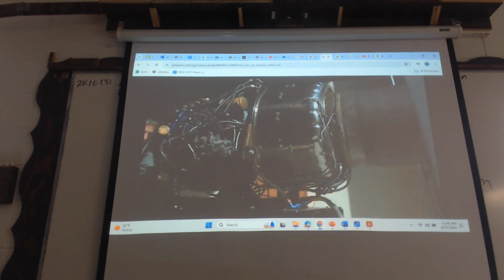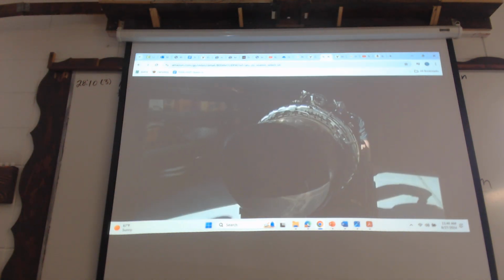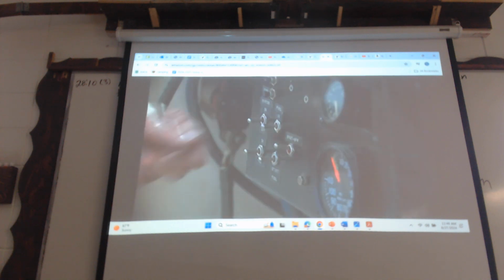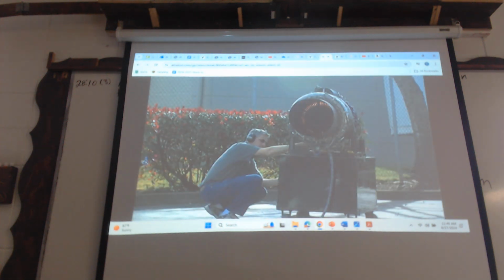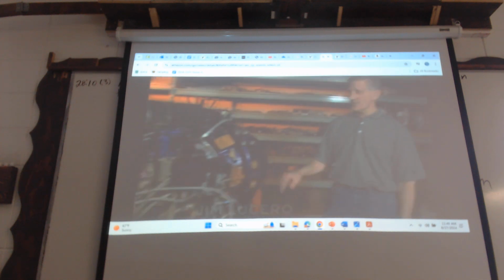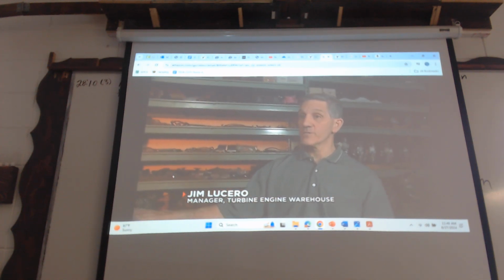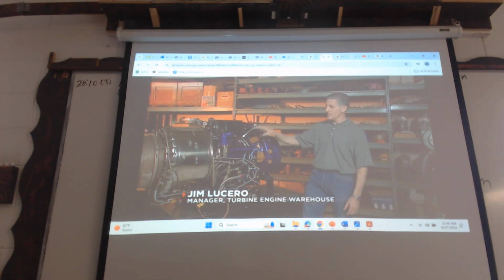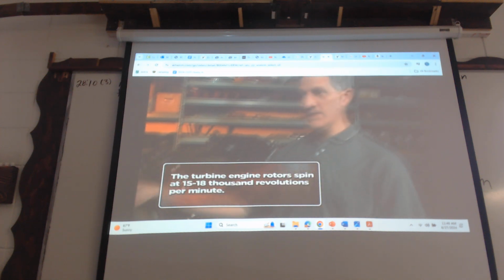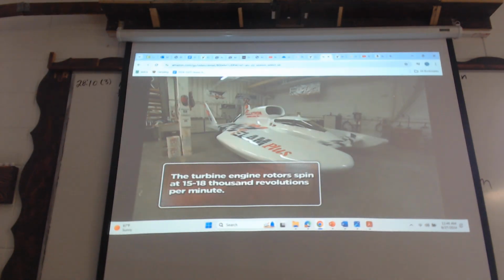At the Turbine Engine Warehouse near Seattle, Washington, they're testing this 3,000 horsepower hydroplane engine. The turbine engine makes horsepower in 4 stages: intake, compression, combustion, and exhaust. And that makes a very efficient engine.